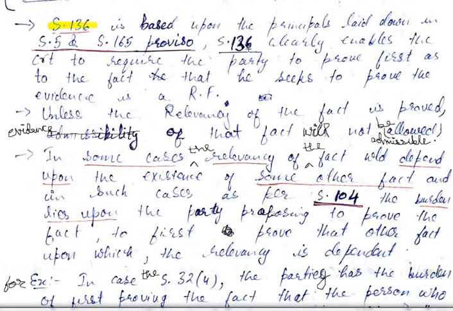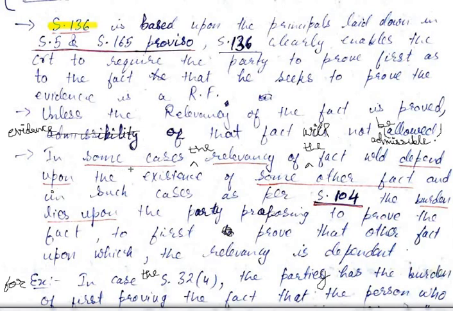Section 136 clearly enables the court to require the party to prove first as to the fact that he seeks to prove, whether the evidence is a relevant fact. Unless the relevancy of the fact is proved, evidence of that fact will not be admissible. Next paragraph.